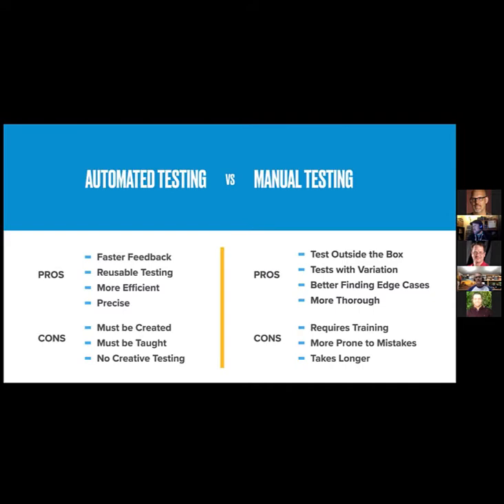Manual testing pros are you can test outside of the box, test with variations, and it's better at finding edge cases, so you can test more thoroughly that way. The cons are it requires training, it's more prone to mistakes, and it takes longer.